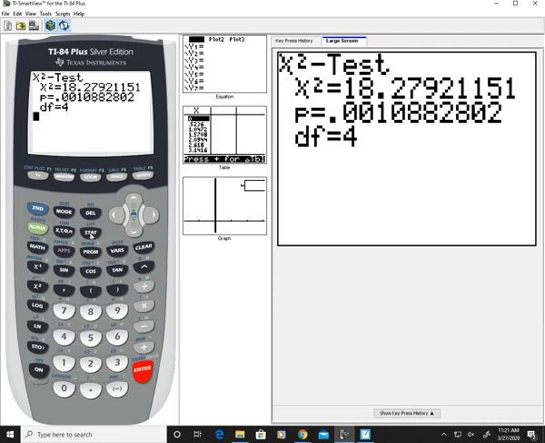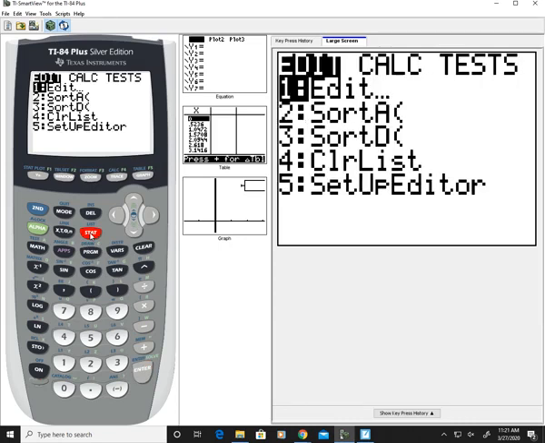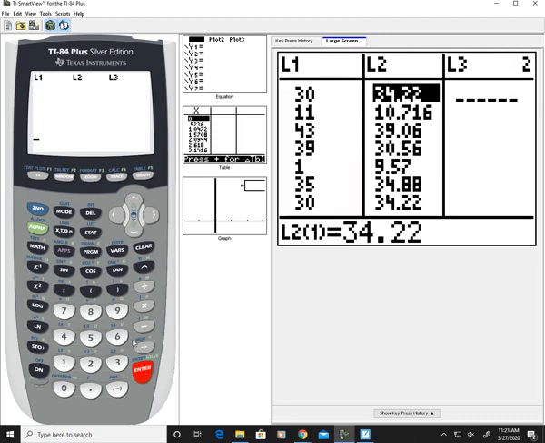So I'm going to go back to my list, where I did already enter the numbers. You can see that I have entered 30, 11, 43. That's the none list. 39, 1, 35. That's the French. These are my observed values.